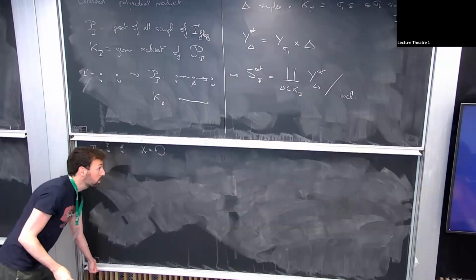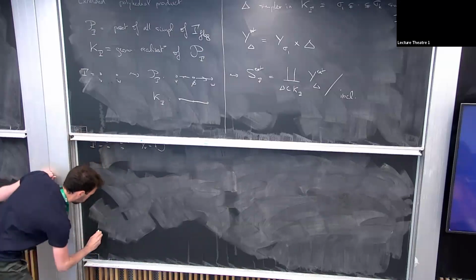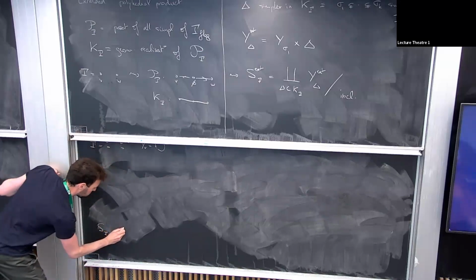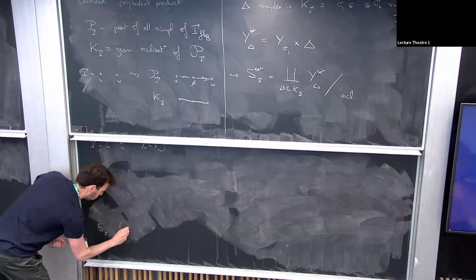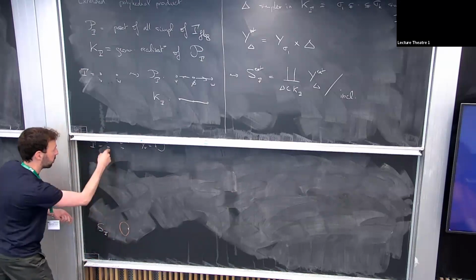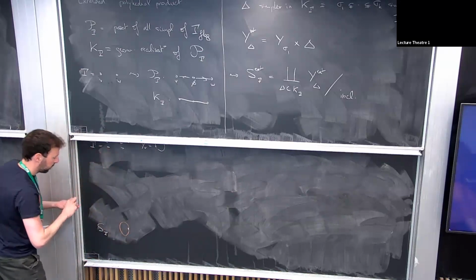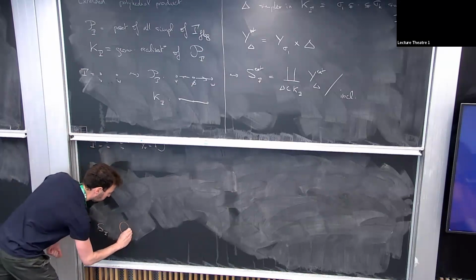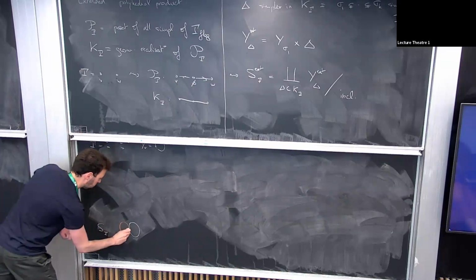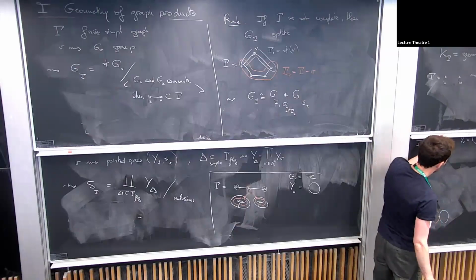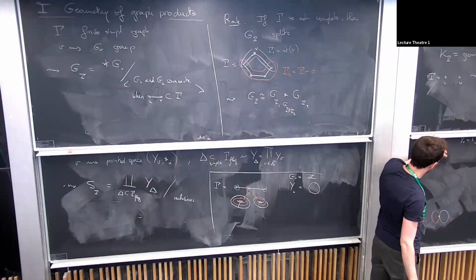So the Salvetti complex I'm seeing here is I've got my first circle for my first generator, and my second circle for my second generator.